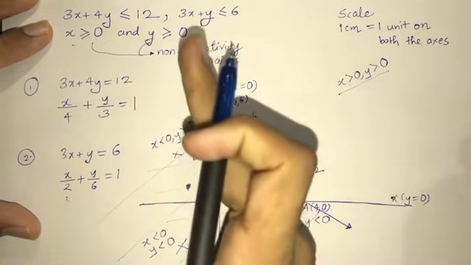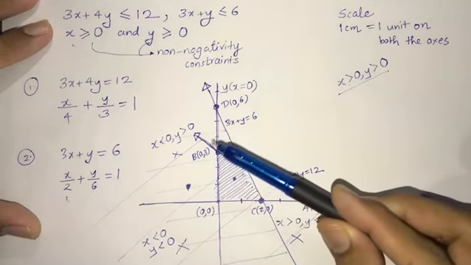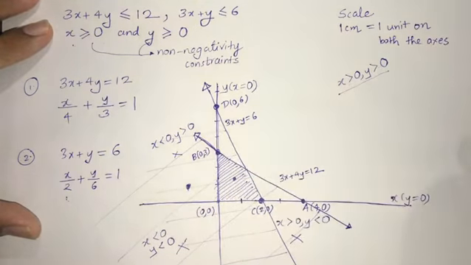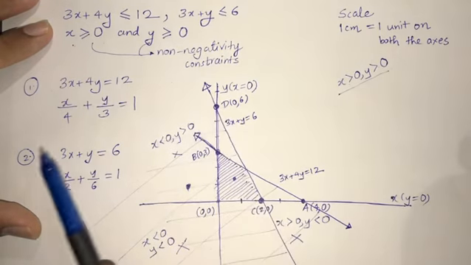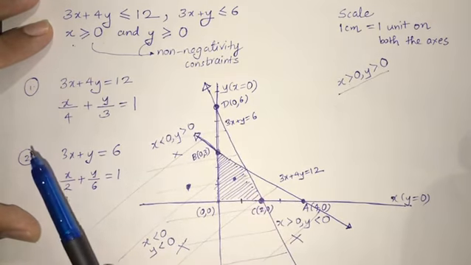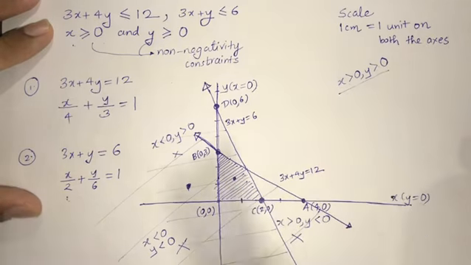It will satisfy 3x plus y less than 6, this point is on the origin side. This point is in the first quadrant, so it will satisfy x positive, y positive.